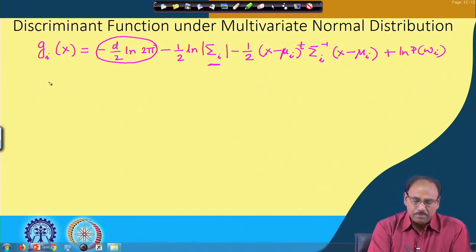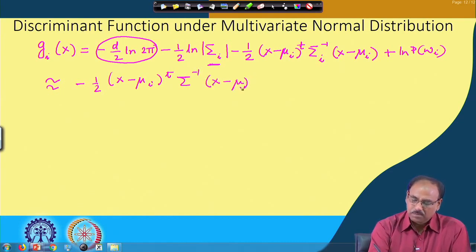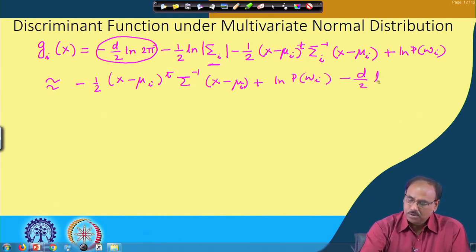That gives me that g I x will be simply minus half x minus mu I transpose sigma I inverse x minus mu I plus log of p of omega I minus half log of the determinant of sigma I.